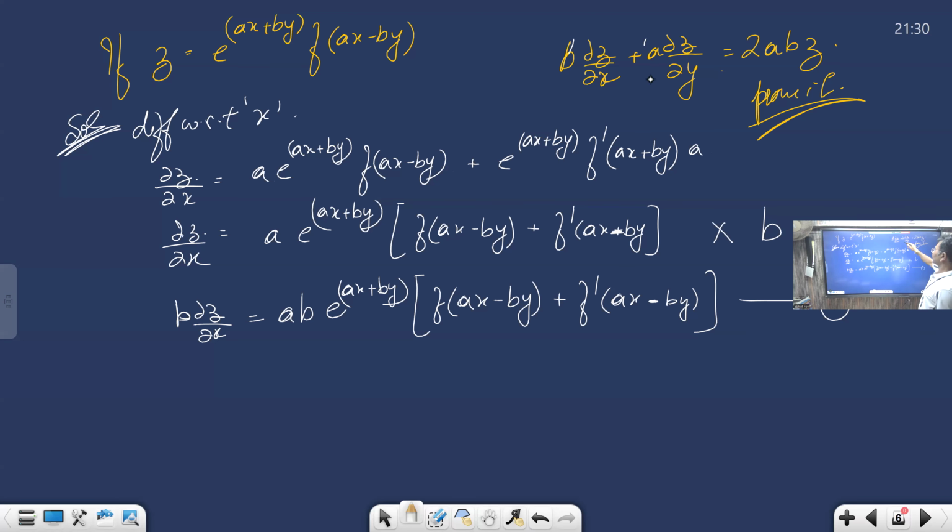Similarly, you do it for a. Come on fast. Similarly, please do it for a. Now you differentiate with respect to y. Please tell me the result. Come on fast. Giving you 2 minutes.